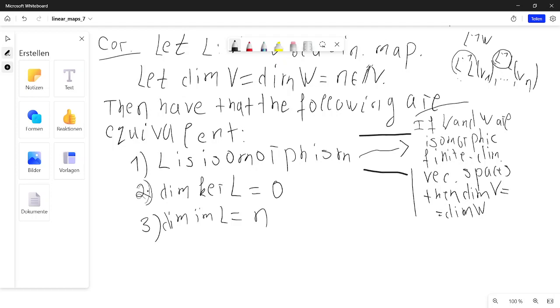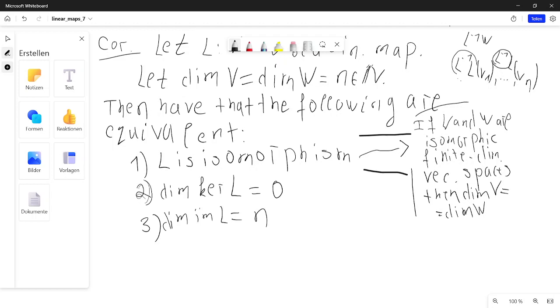So if the dimension of V is equal to the dimension of W, then being an isomorphism is equivalent to having a kernel equal to 0, which means exactly having dimension 0, and is also equivalent to surjectivity.